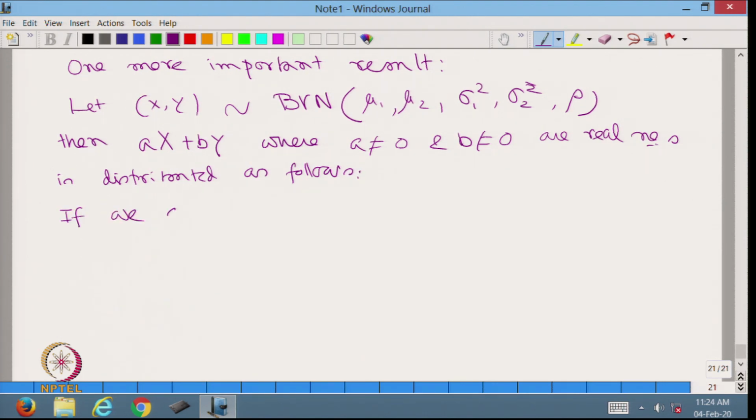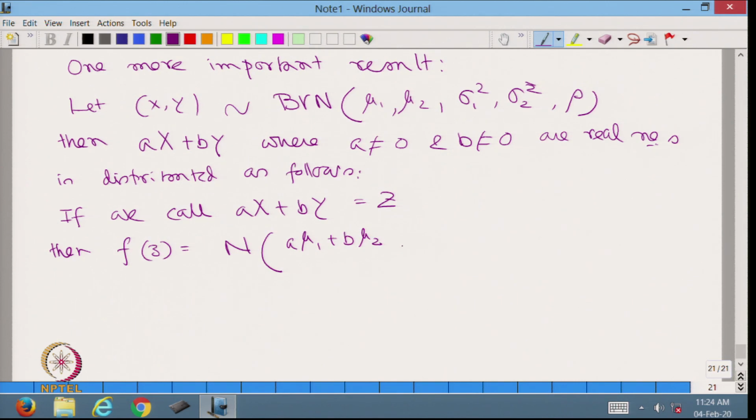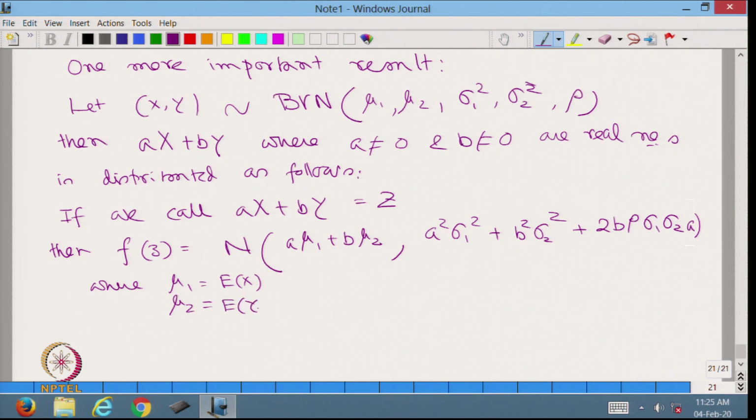If we call a x plus b y is equal to z, then f z is equal to normal with mean is equal to a mu 1 plus b mu 2 and variance is equal to a square sigma 1 square plus b square sigma 2 square plus 2 a b rho sigma 1 sigma 2, where mu 1 is equal to expectation of x, mu 2 is equal to expectation of y, sigma 1 square is equal to variance of x, sigma 2 square is equal to variance of y and rho is equal to correlation between x and y.